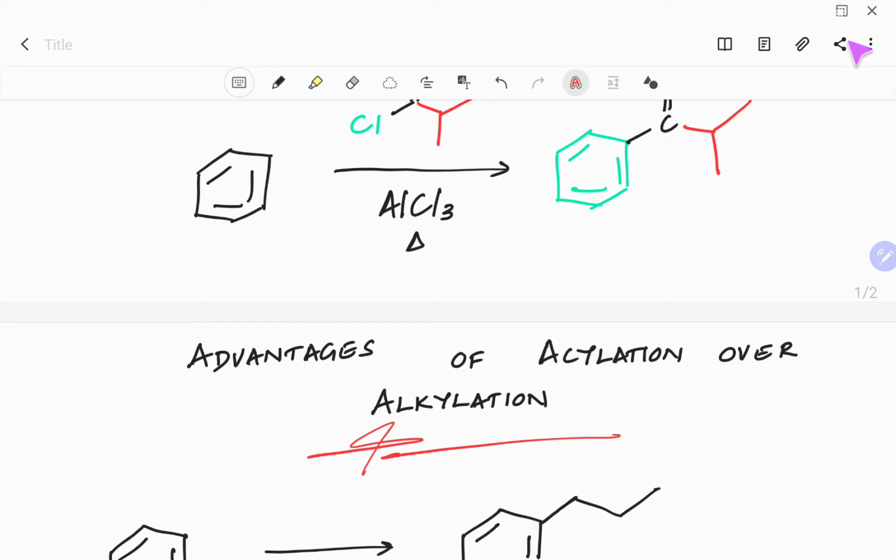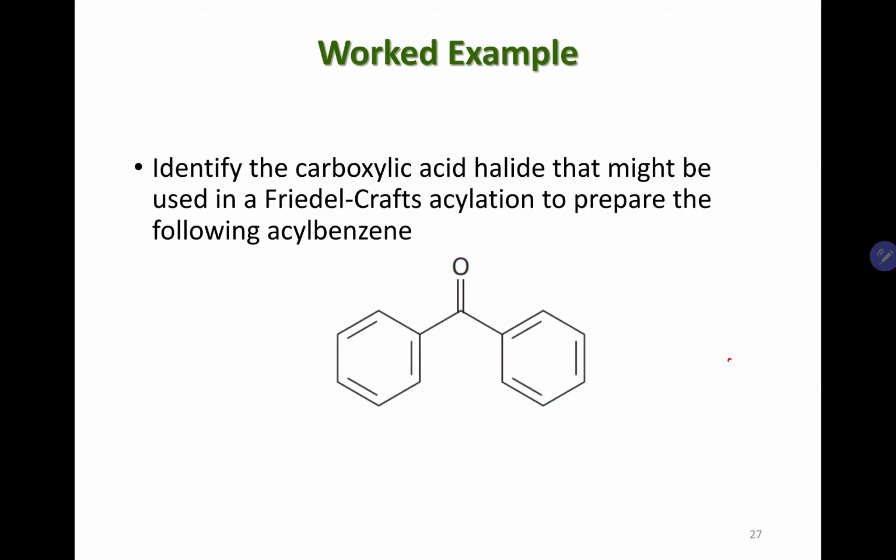In this worked example, I want you to identify the carboxylic acid halide that might be used in the Friedel-Crafts acylation reaction to prepare the following compound. Pause the video and see if you could get this answer. All you need to do is highlight the benzene that is directly attached to the carbonyl, and then replace that benzene with a chlorine.